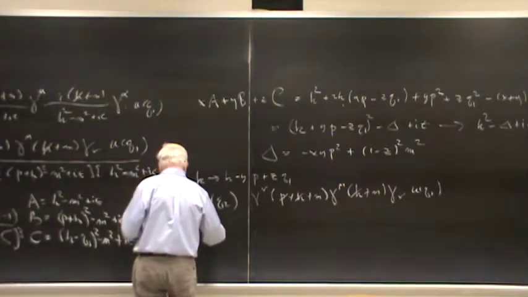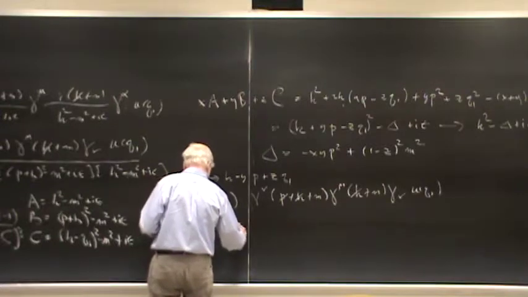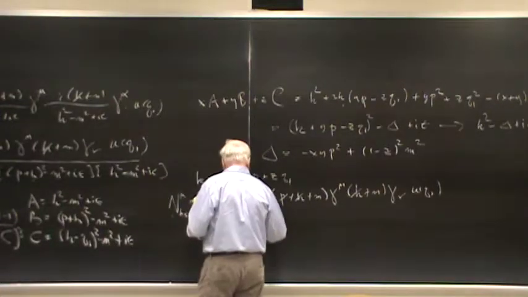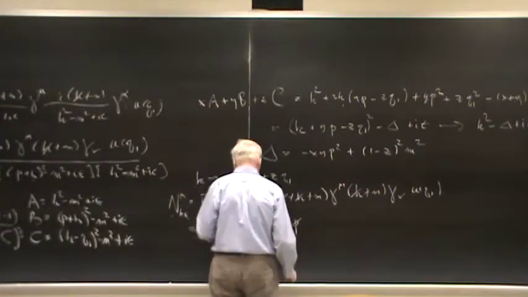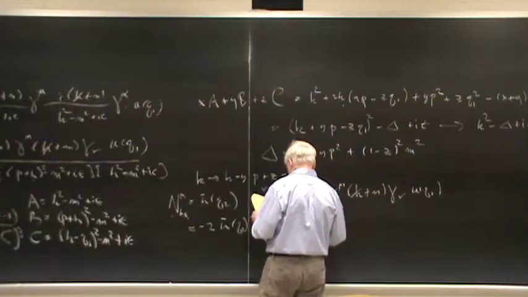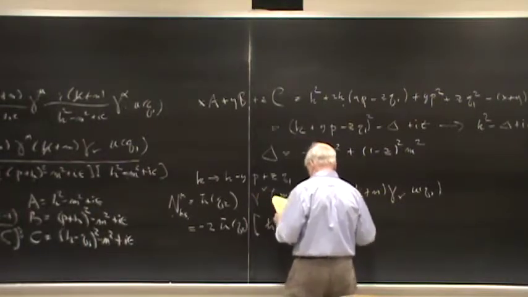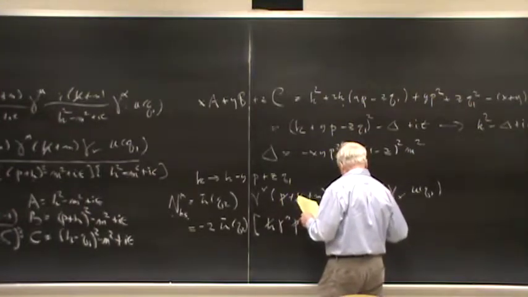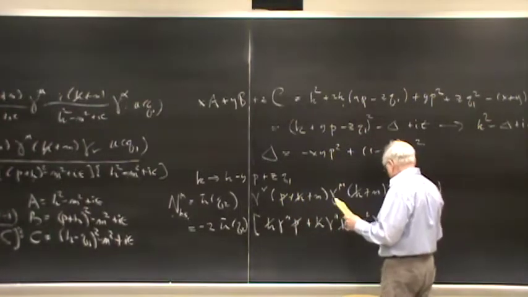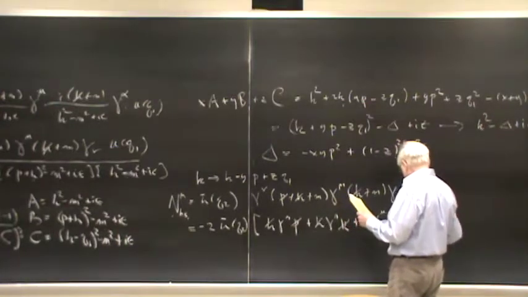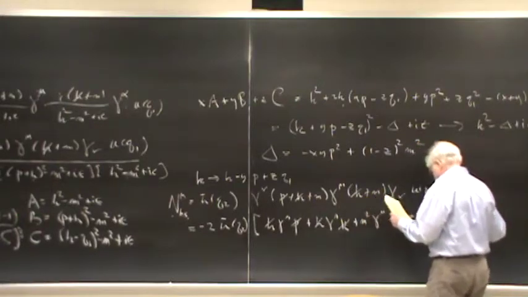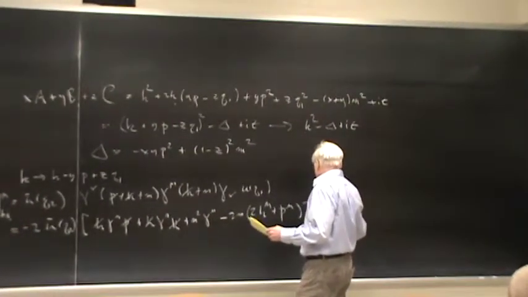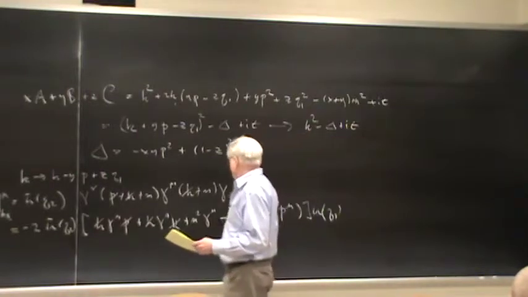In any event, somehow you can rewrite this as u bar of Q2 times k slash gamma mu P slash plus k slash gamma mu k slash plus M squared gamma mu minus 2M times (2k mu plus P mu) u of Q1.